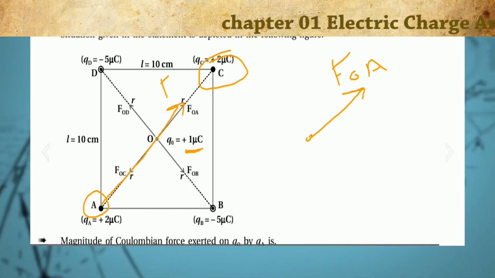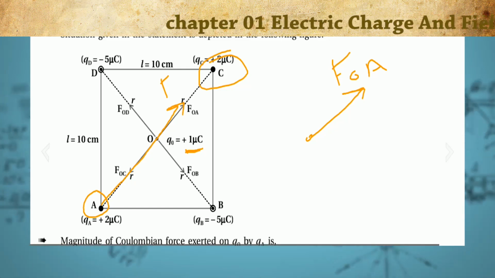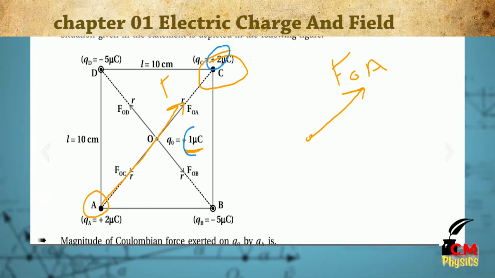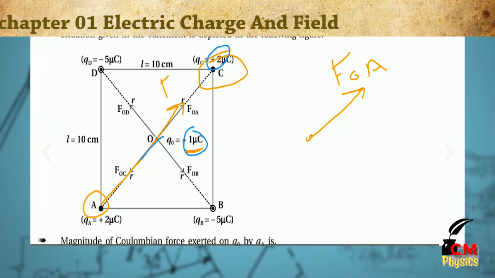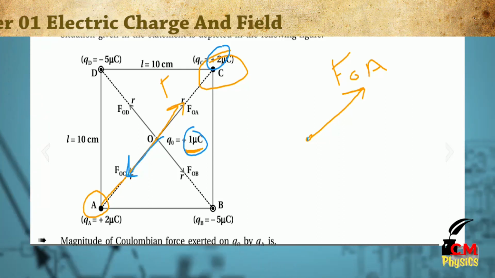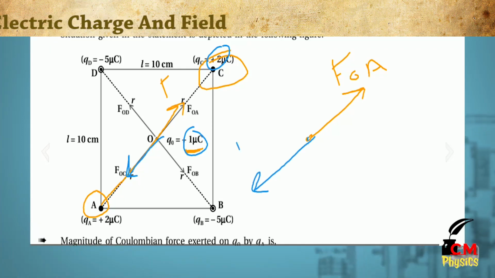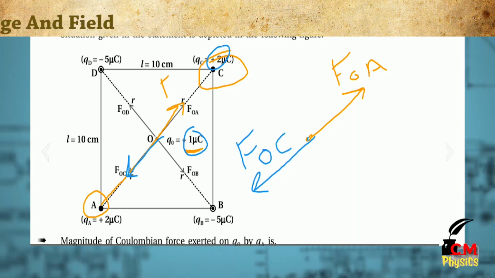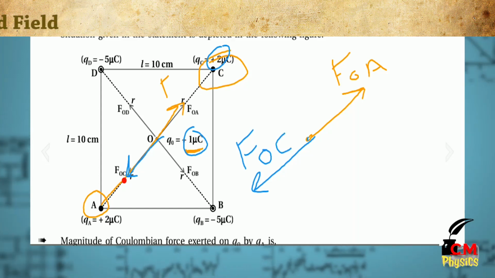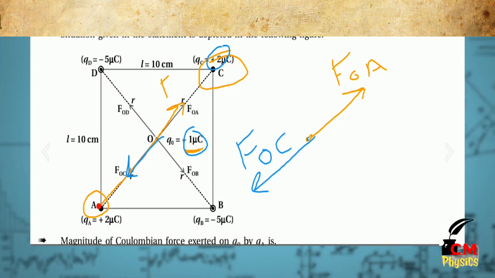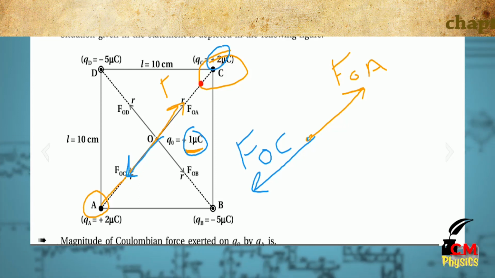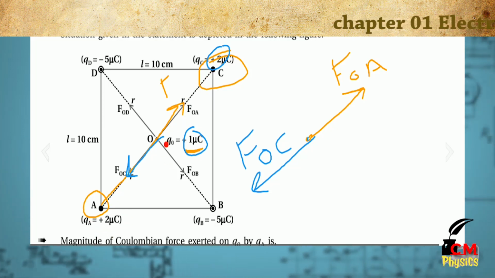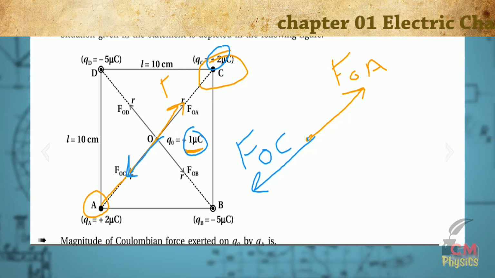Similarly, the opposite corner has a positive charge, then the force by these two positive charges over this positive charge is repulsion, and the direction of repulsion is in this direction. At the point O another force is working, force on O due to C. The distance between O and A is the same as the distance between O and C. Here the charge is 2 μC, here the charge is 1 μC, here also 2 and 1.